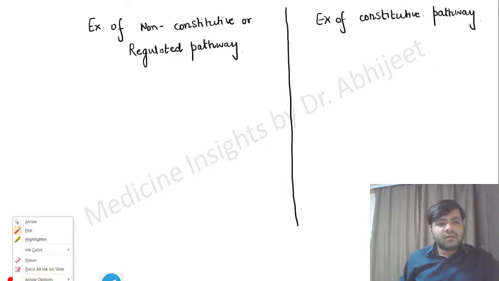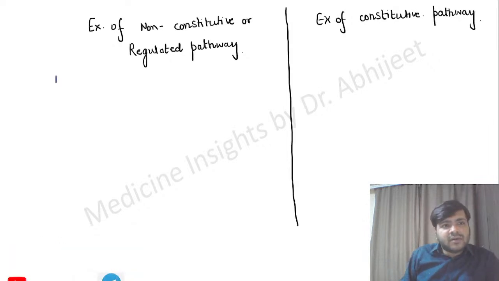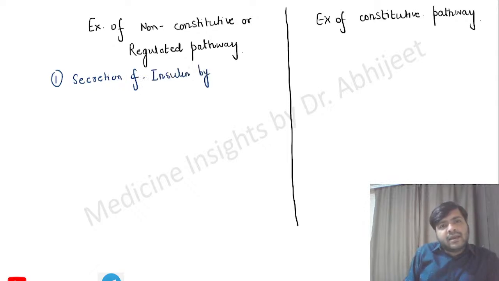Now, in the non-constitutive or regulated pathway, the very first example that you have to remember is the secretion of insulin by beta cells of pancreas. Everyone knows that, right?